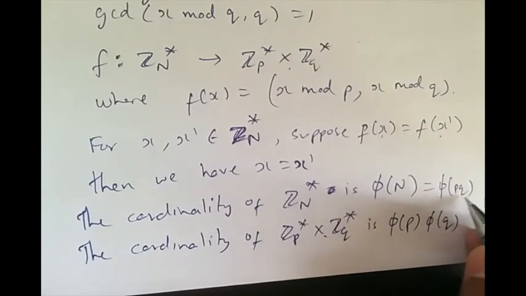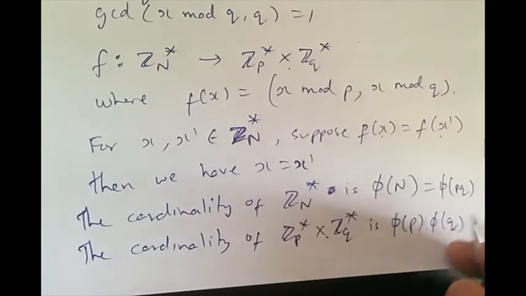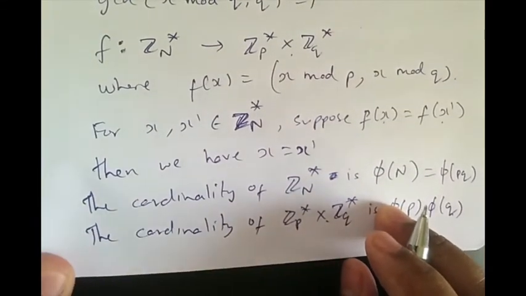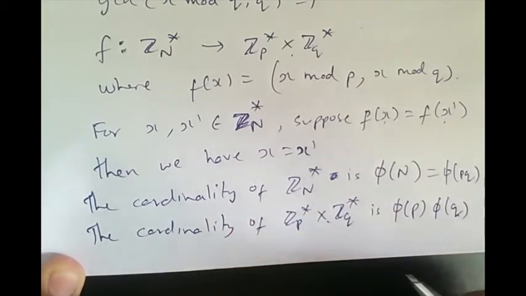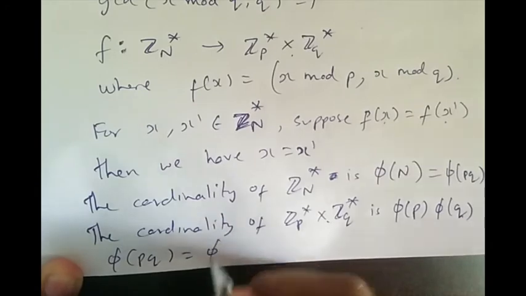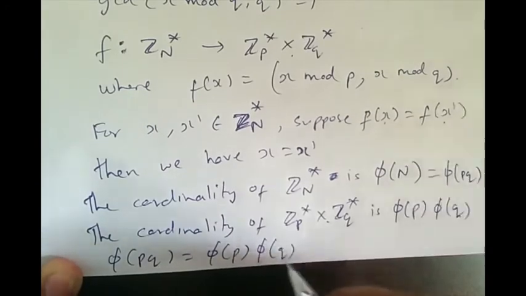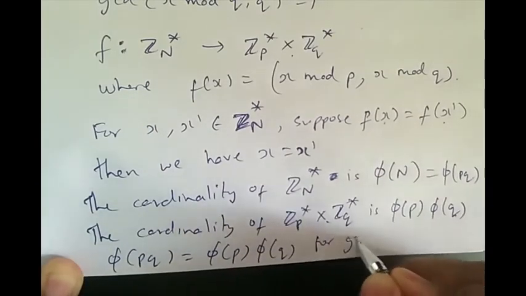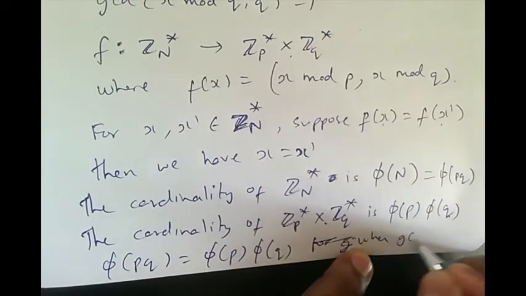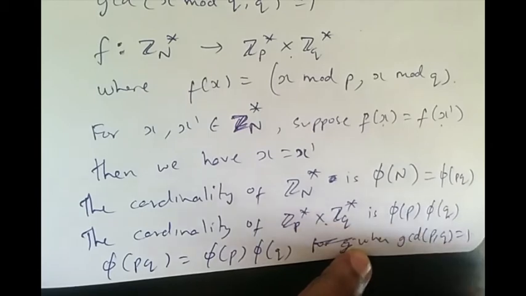We said that when p and q are relatively prime, phi of pq is equal to phi of p into phi of q. But that result, we said, follows from the Chinese remainder theorem. Phi of pq equals phi of p into phi of q when the GCD of p and q is 1.